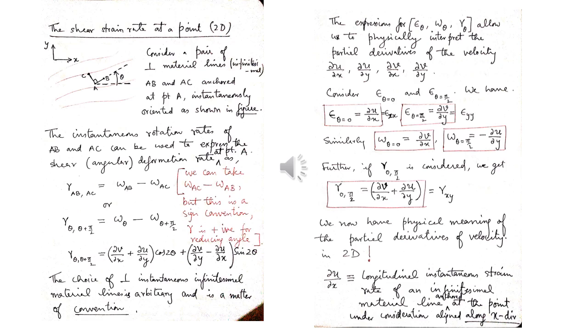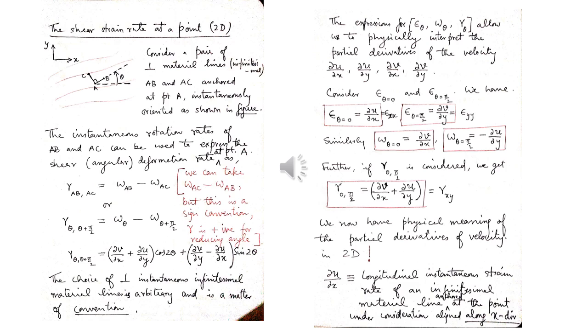So you now have the physical meanings of all four derivatives: del u del x, del u del y, del v del x, del v del y. It was not really very difficult to arrive at the physical meanings, and it actually looks very simple once the material line strain rates and rotation rates, the concepts and expressions, have been developed.